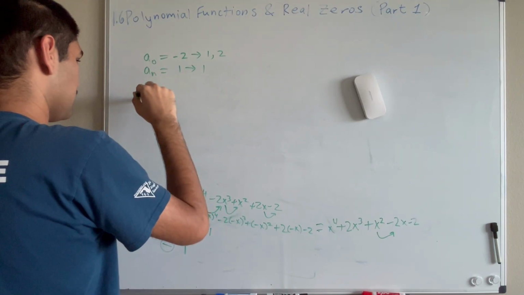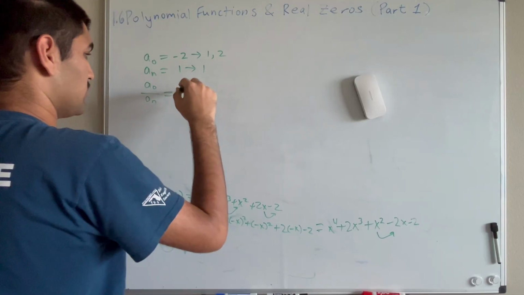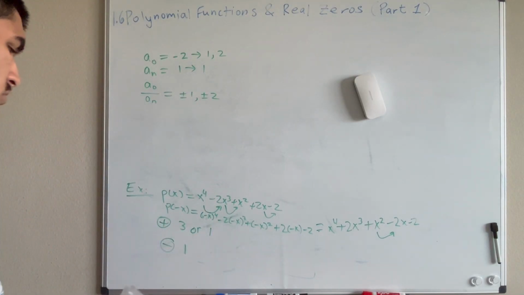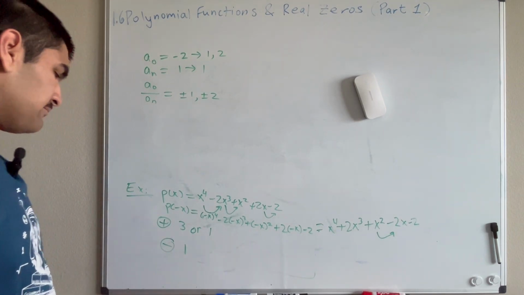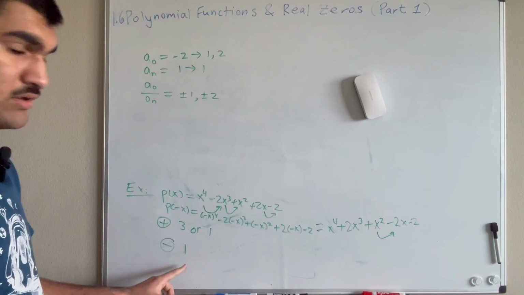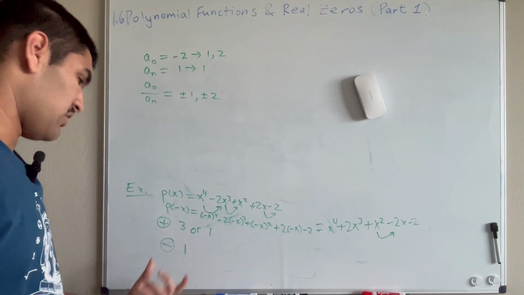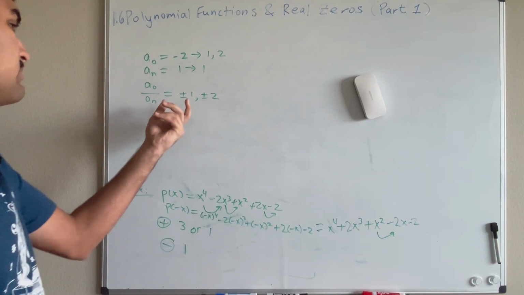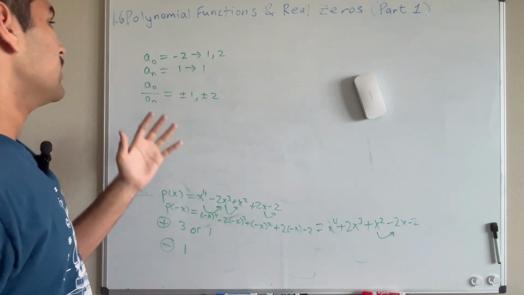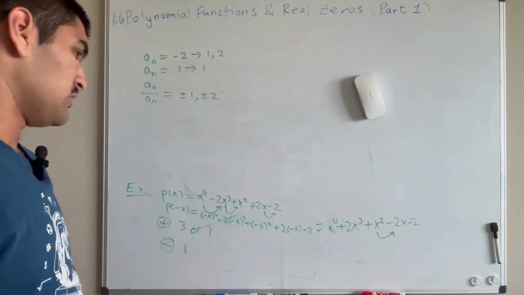So possible rational roots are just plus or minus 1 or plus or minus 2. The way this comes in handy is that we know that we have to have exactly one negative real root, right? Descartes' rule guarantees that. Meaning that negative 1 or negative 2 has to be a root of this polynomial.